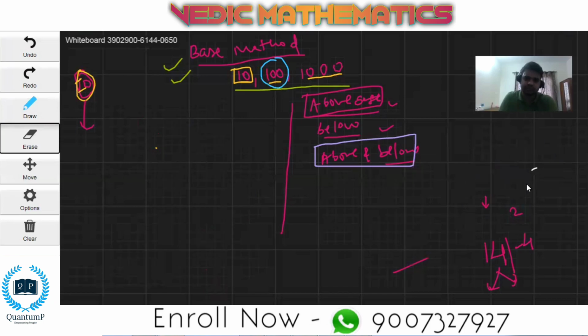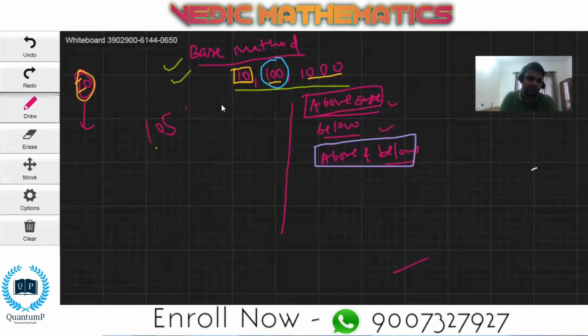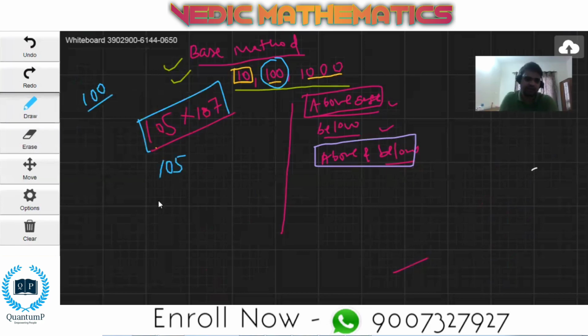Suppose we're doing 105 into 107. If you're doing this, we have the number 100 base, because these numbers are nearby 100. So that's why we are taking 100 base. So we are comparing 105 and 107 with 100.